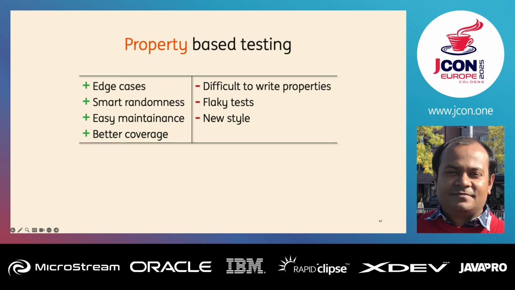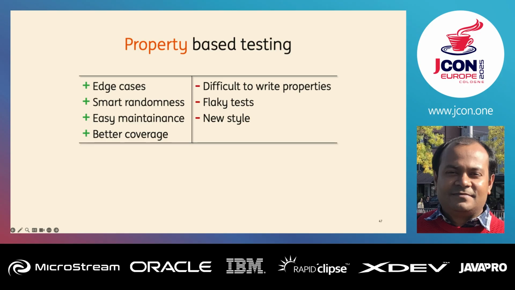Benefits, I would say, as you see, it covers the corner cases and gives you the ability to do repetition out of the box. That's smart, I would say. And of course, all this gives you better coverage. But then it's difficult to think of properties, isn't it? And flaky tests, I think we covered already with the seed.